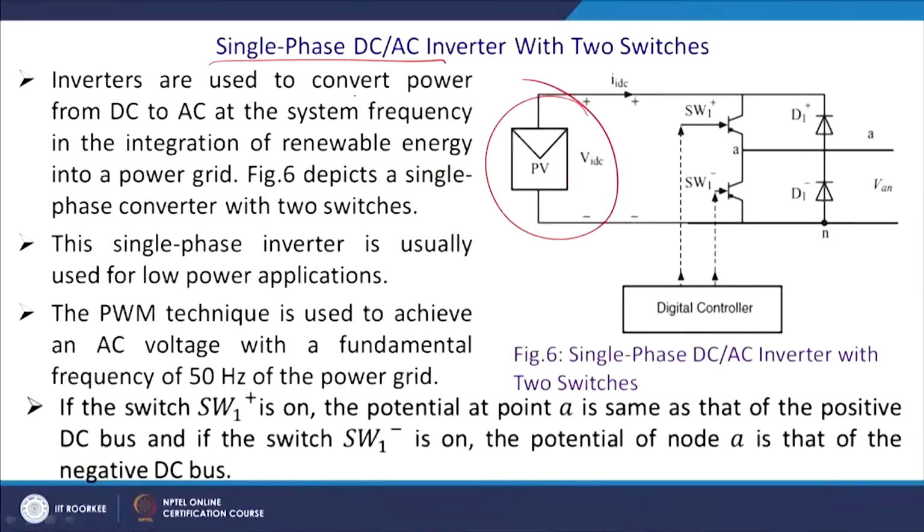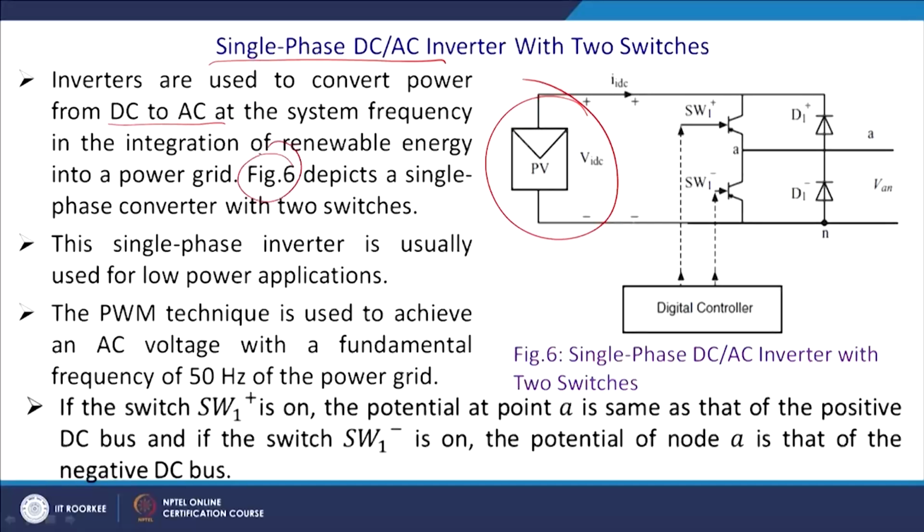So, inverters, let us come to our studies. Inverters are used to convert power from DC to AC at the system frequency, in the integration of renewable energy, mostly solar because it is DC, into the power grid.